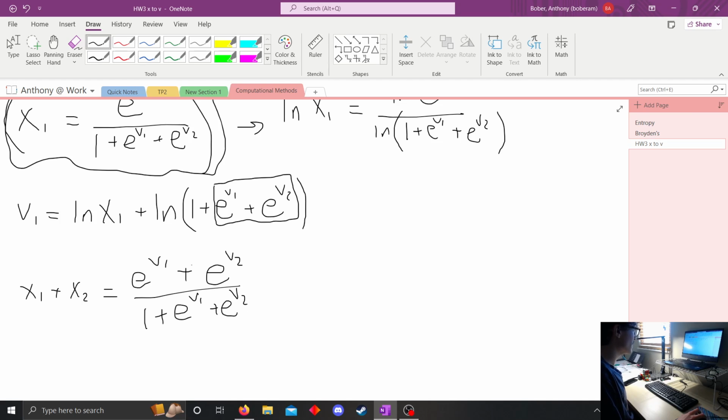Now what we see here is that this e to the v1 plus e to the v2 appears in the numerator and the denominator. So I'm going to make a substitution just to simplify things a little bit and make it easier to understand. We're going to say this equals u.